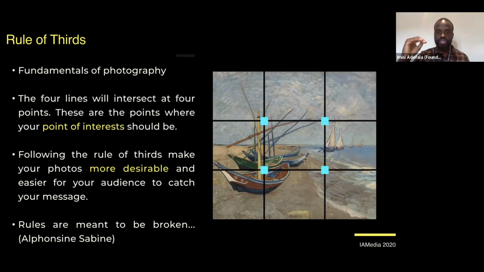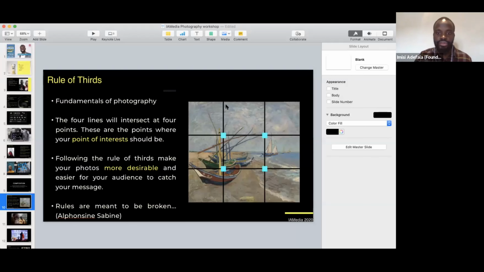But then as this style evolved, they noticed that when they're using the frame, so if you see these lines, the horizontal and vertical lines, if you actually put your subject where one of these lines intersect, it made the photo more dynamic, okay?